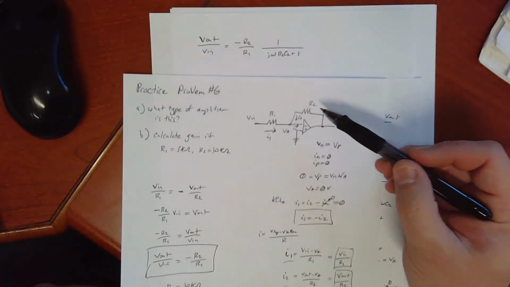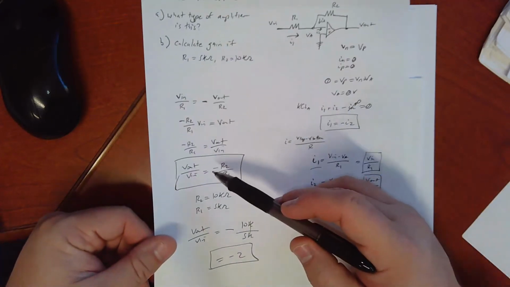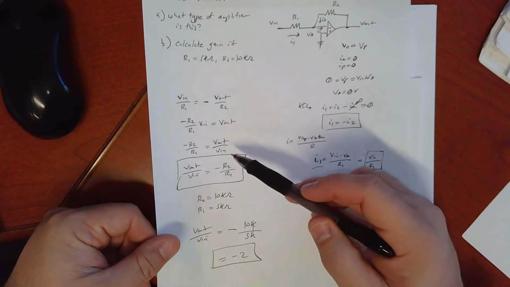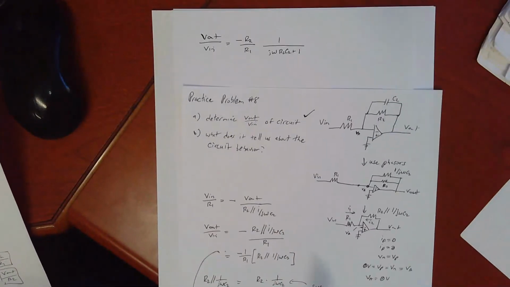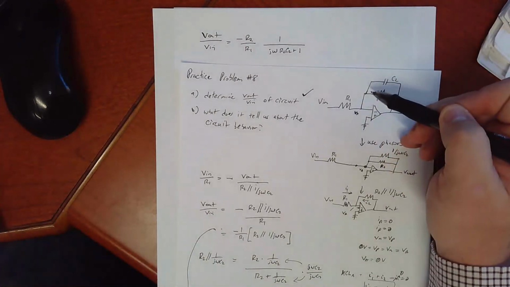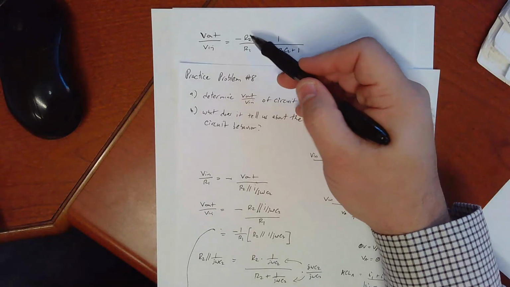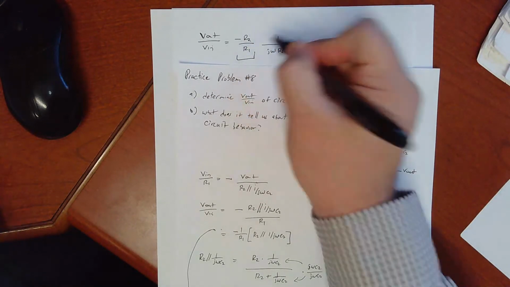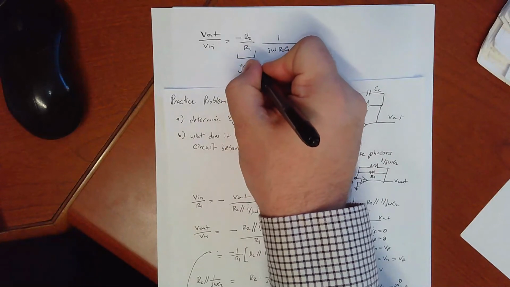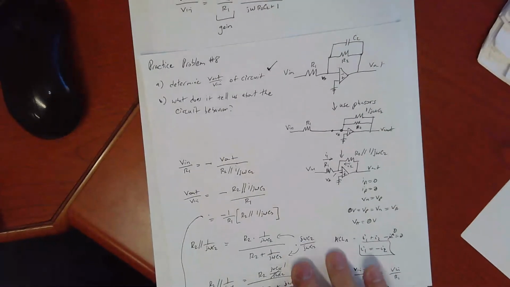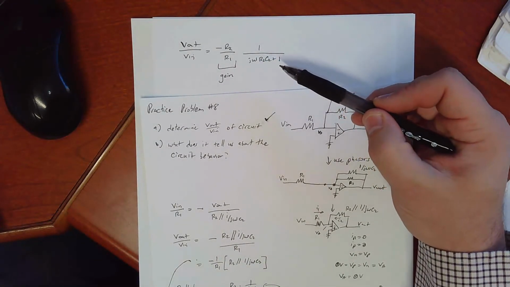So if you have a feedback resistor and the input resistor, the gain is negative R2 over R1. Now, in our problem here, we have the same R2 and R1, and we still have the same gain, right? So here, we have some gain of our amplifier. But then I also have this extra term.